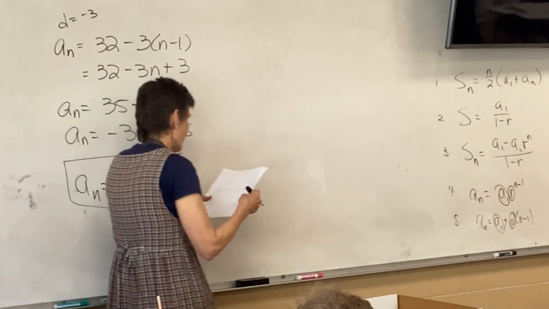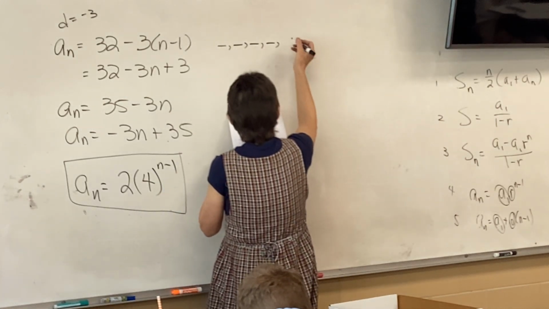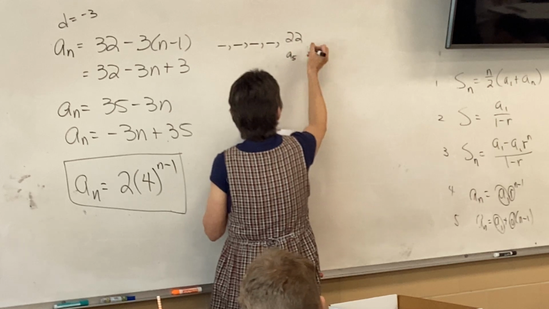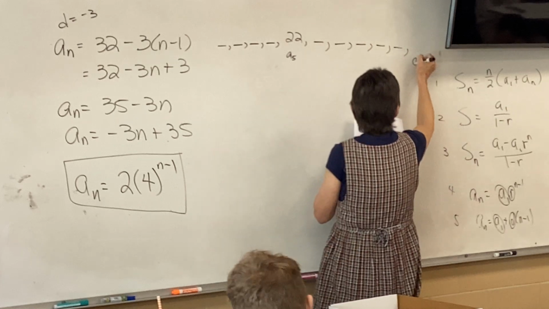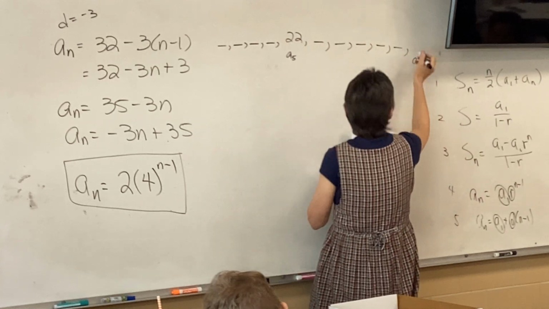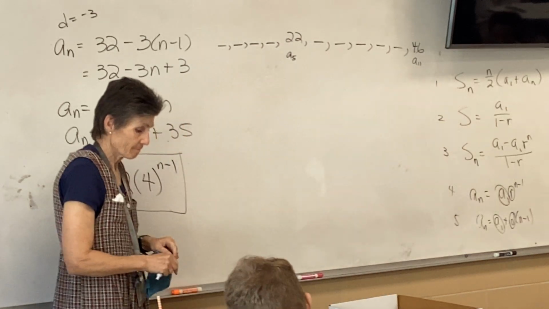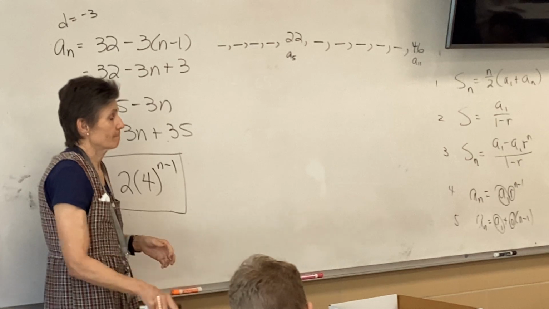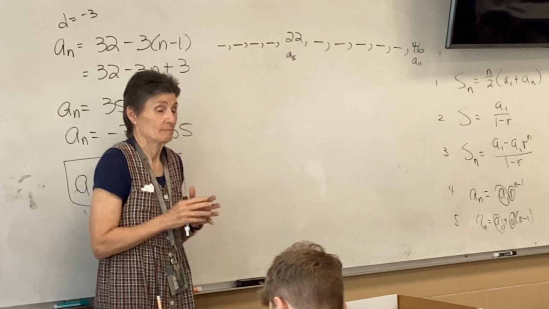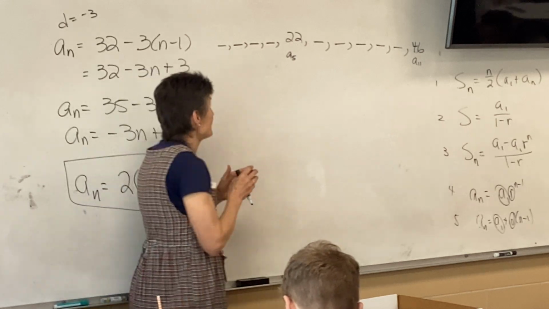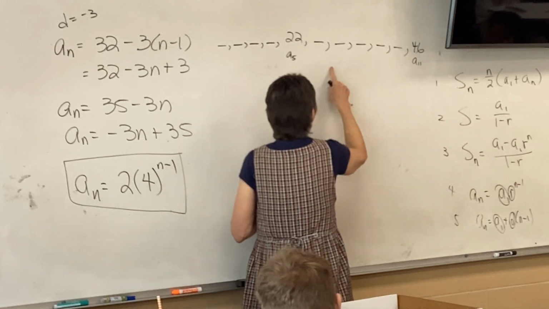Alright, 5 is one of those kind of tricky ones. 1, 2, 3, 4. Fifth term is 22. 6, 7, 8, 9, 10, and the 11th term is 46. Now, the good news is it's arithmetic. So to get from here to here, I am just gonna start adding something.